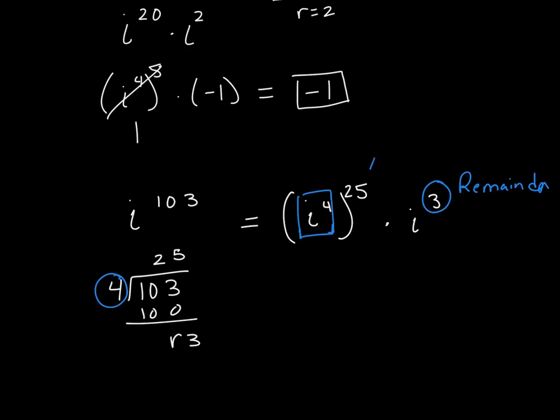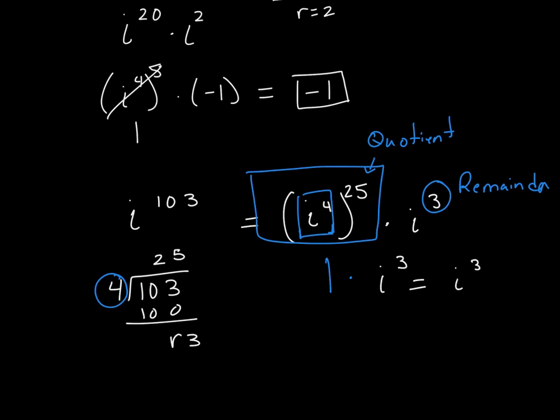And whatever power we have here is the quotient. But again, by design, all of this will always equal 1 times what we are left with as far as the remainder, i to the 3rd power. And I know that i to the 3rd power is equal to negative i.